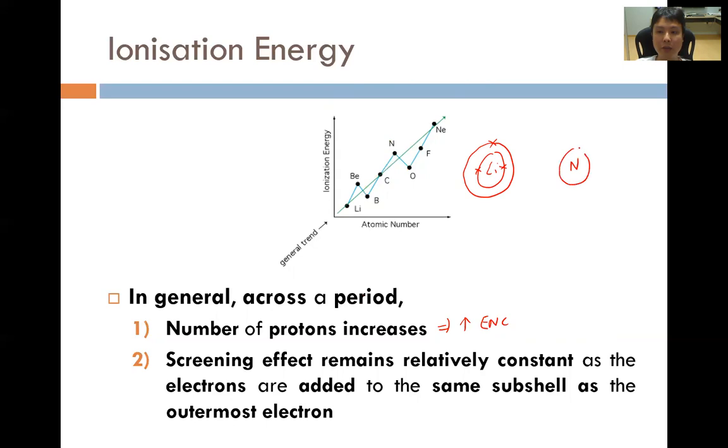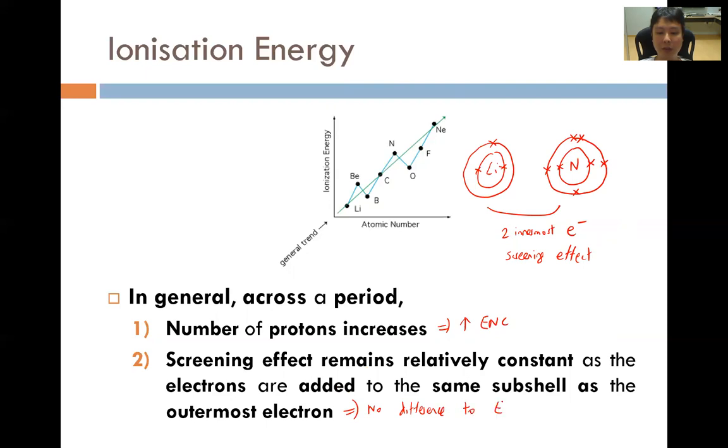Whereas for nitrogen, even though it has many more electrons than lithium, the electrons are added to the outer shell. So nitrogen has a total of 5 valence electrons, but in both cases, there are only 2 innermost electrons, which are the only thing that matters when it comes to screening effect. As such, the screening effect is the same for both atoms.